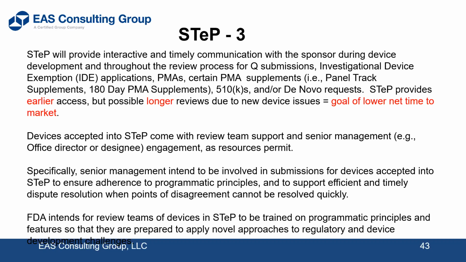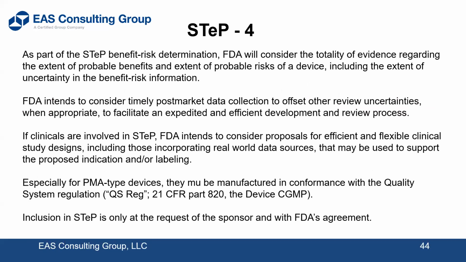So they have a longer awareness of your program than they normally would. Your development is the same, but they're involved in that development early on. So they're aware of what's taking place, and of the kinds of issues that are going to crop up in the future. They're prepared for that, and they can review it as you progress and also as you make your submission, whether it be a 510(k) or de novo or PMA.